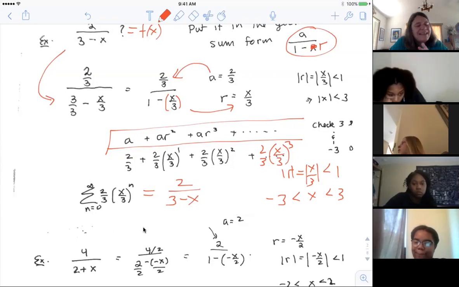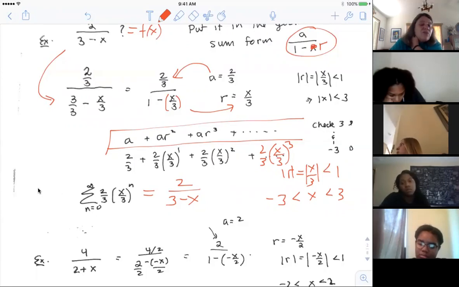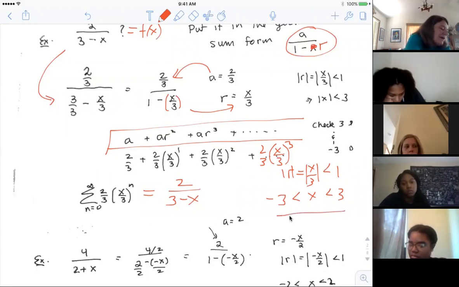When you're learning how to use the two tools in Calc 2, series are nice ways and faster ways for computers maybe sometimes to compute things. But there are things you can only solve with a series representation. And what we need to know is where it converges.